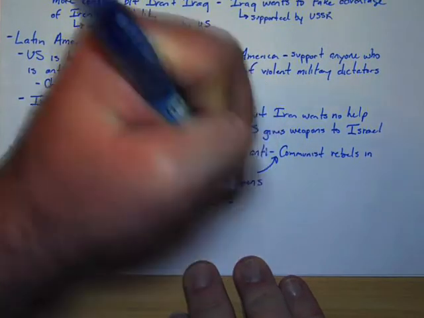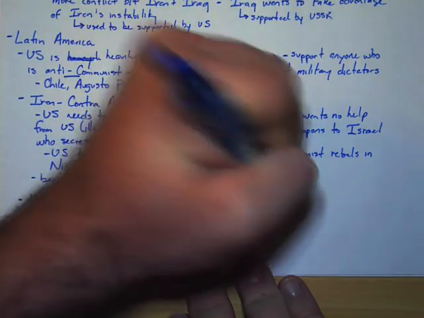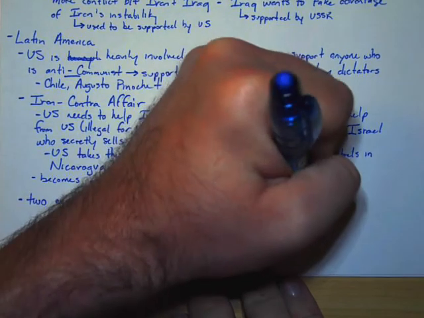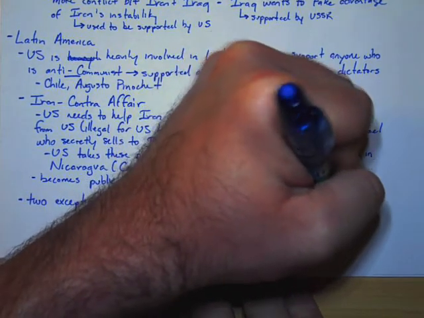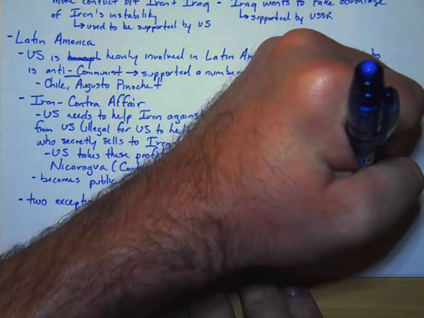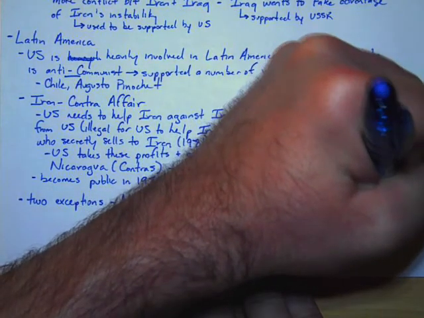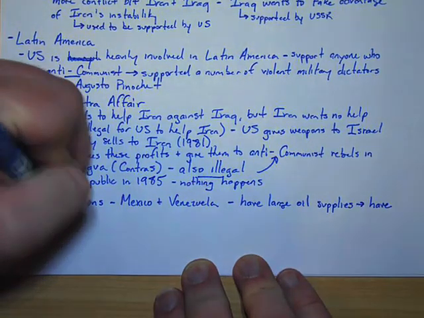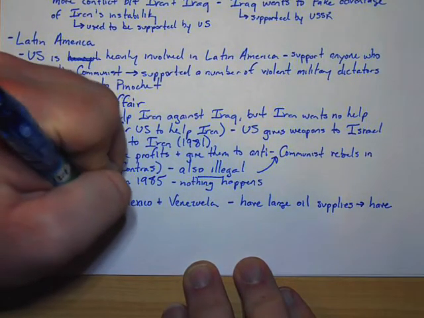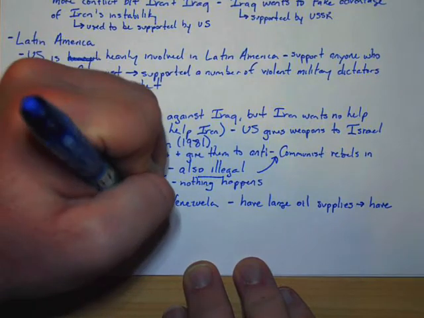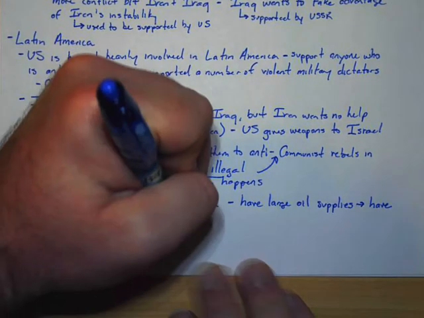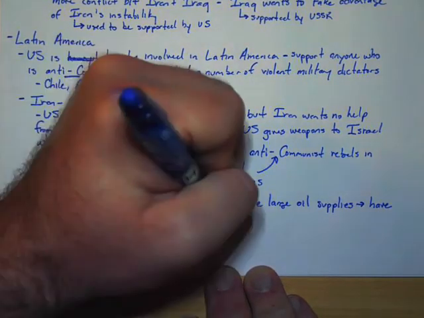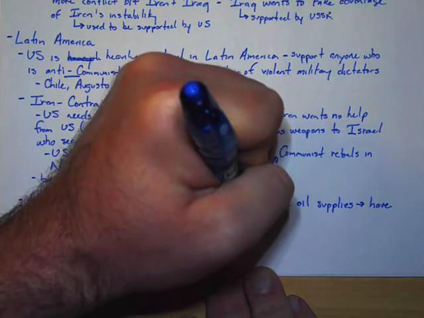Both Mexico and Venezuela have large oil supplies, which means they have their own source of money, and they don't have to rely on the United States.